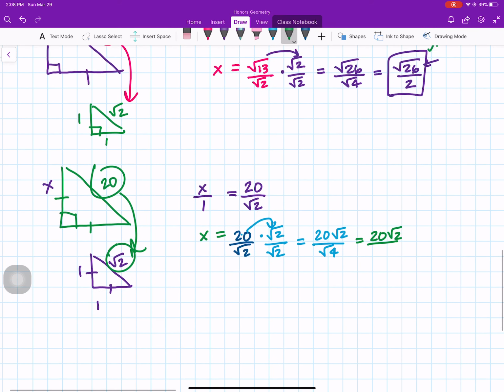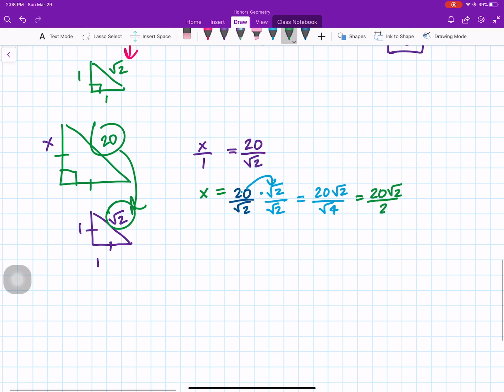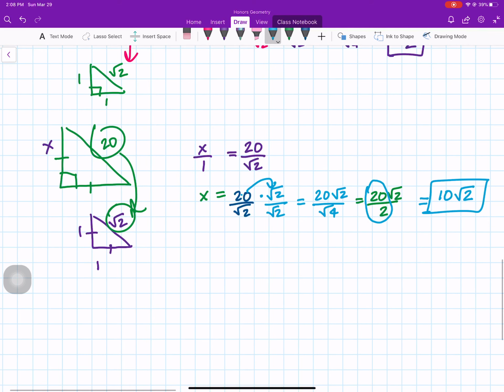Root 4 is 2. Now, notice 20 over 2 can reduce further. 20 divided by 2 is 10. And that's your answer, 10 root 2. Remember, this 2 here cannot reduce the 2 inside the radical. It can only reduce the numbers on the outside.